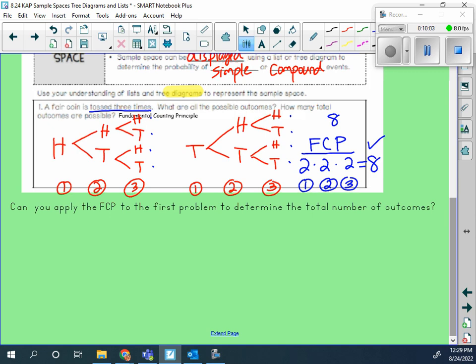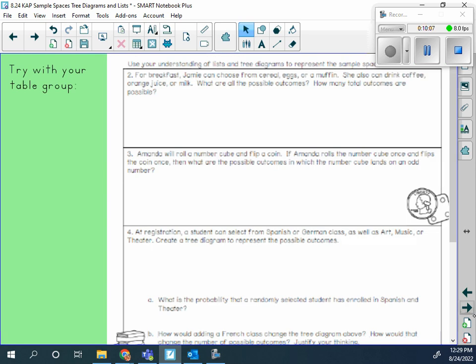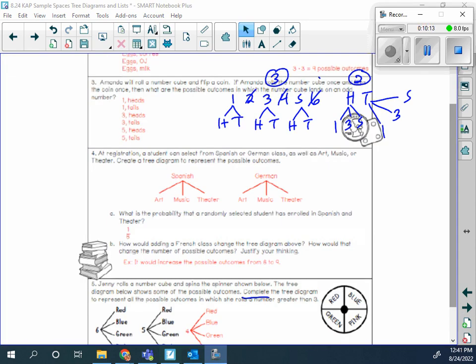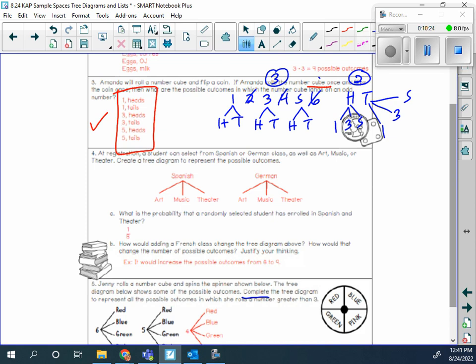Okay, so what I'd like for you to do on the next page, there are 4 questions. We already did number 1. You're going to work with the table. If you're at home, pause the video. It said, what are all the possible outcomes? So in my opinion, if this was a quiz, you could have made a list, you could have put this tree diagram, or you could have put this tree diagram.